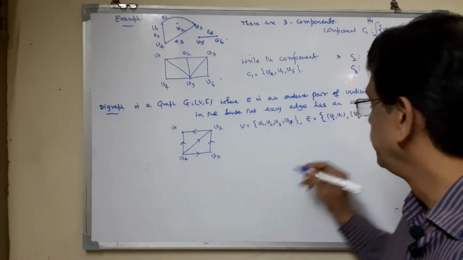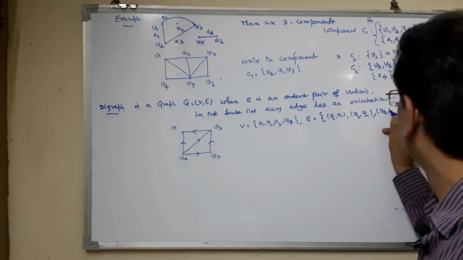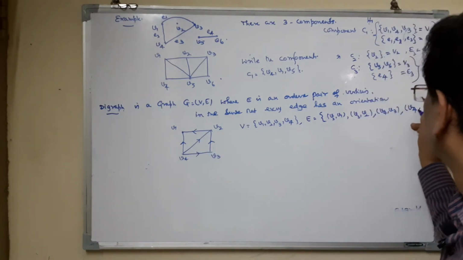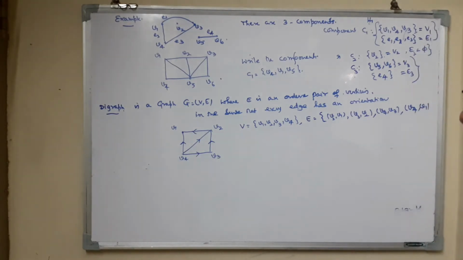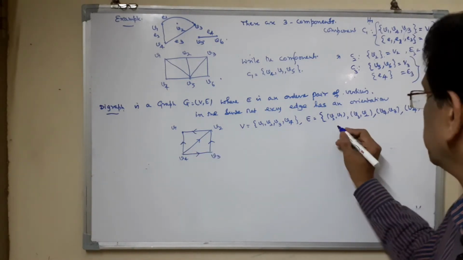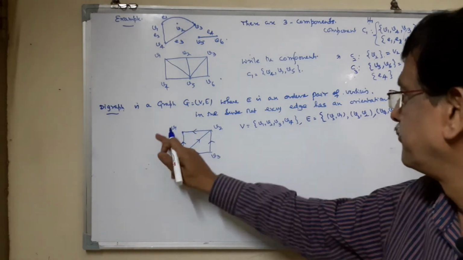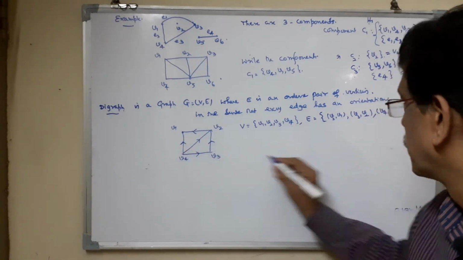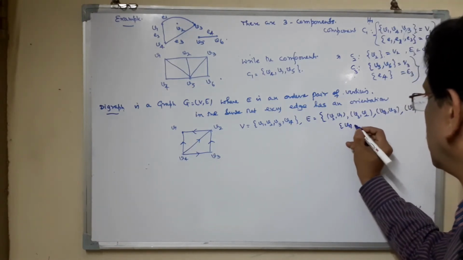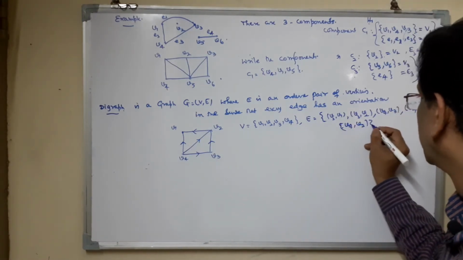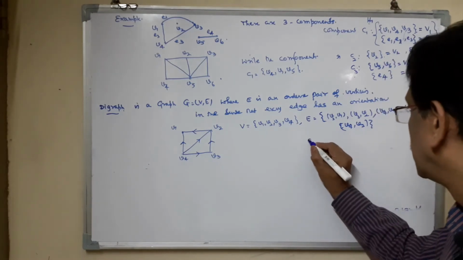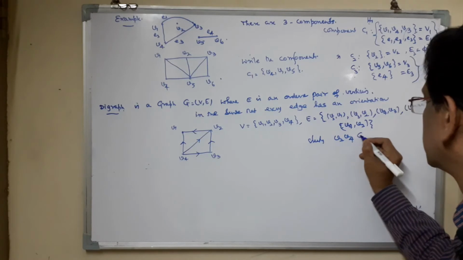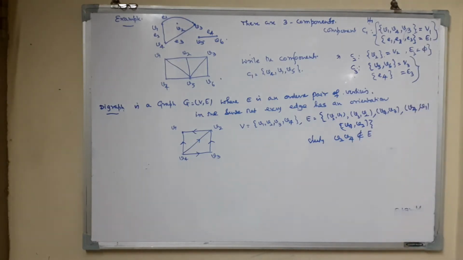Then V4, V3. V4, V1. V2, V1, I have already written. I must get 5 edges. So V4, V2. Now, there is a meaning: V2, V4 is not there. Clearly, V2, V4 is not an edge in this graph.